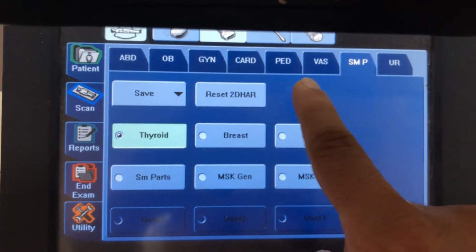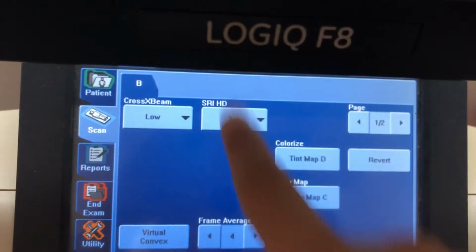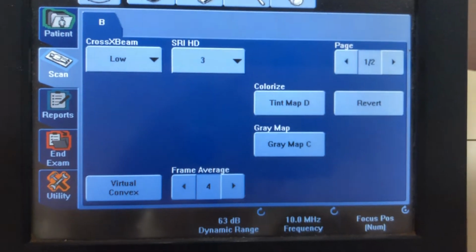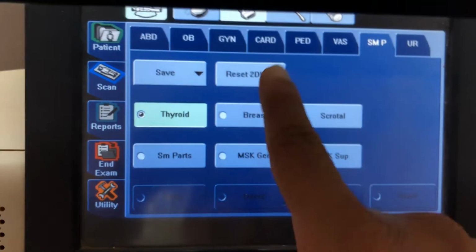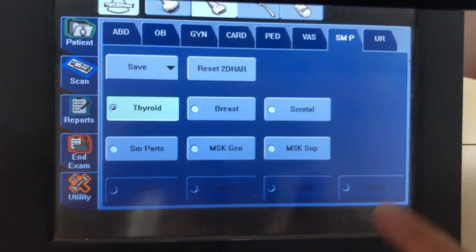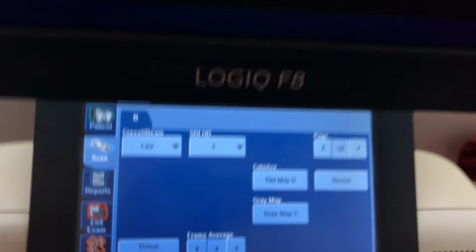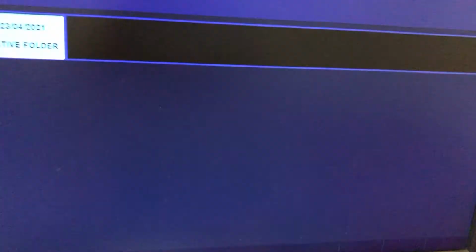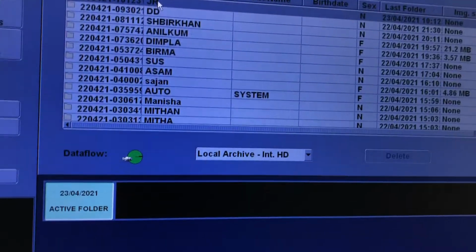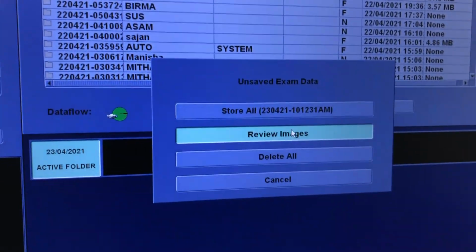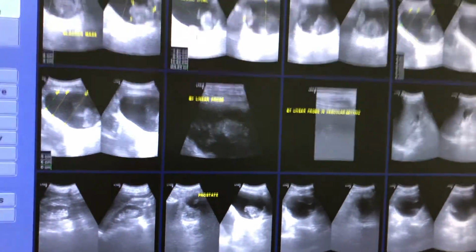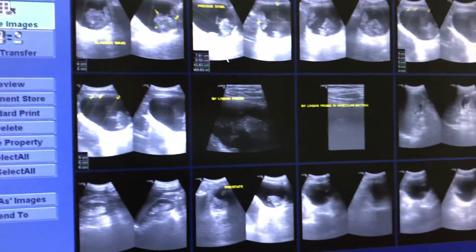This is small part, vascular, pediatric, carotid, gynec, abdomen. So I kept this vascular setting. So this was the first point.